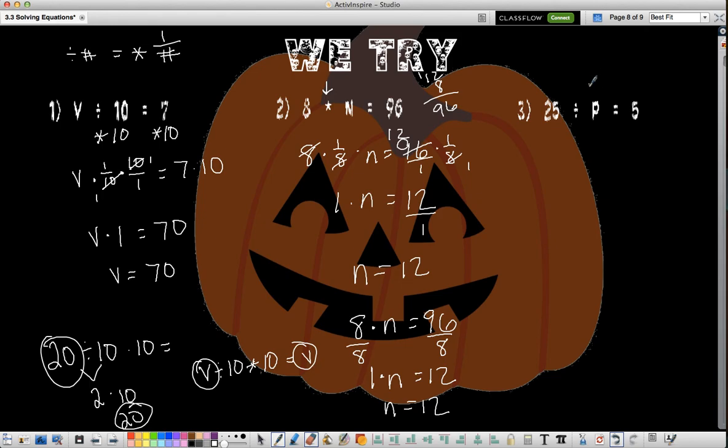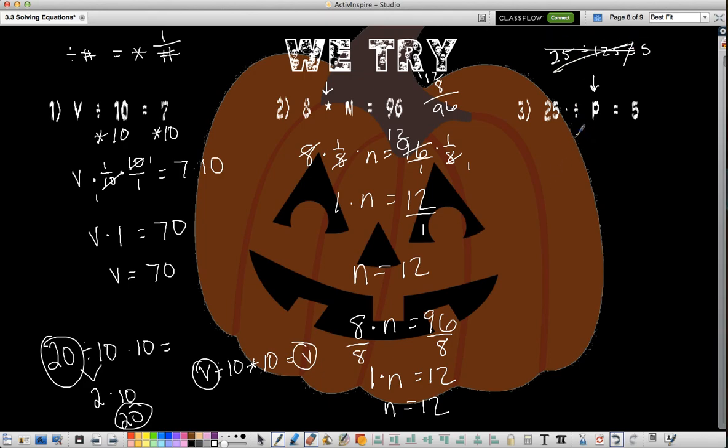Okay, now here, this is where we have that crazy situation where it's moved around again. If you multiply both sides by 25 like we want to do, you're going to end up with 125, and you're going to say that 25 divided by 125 equals 5. Well, we know that that's not true, so we can't do that.